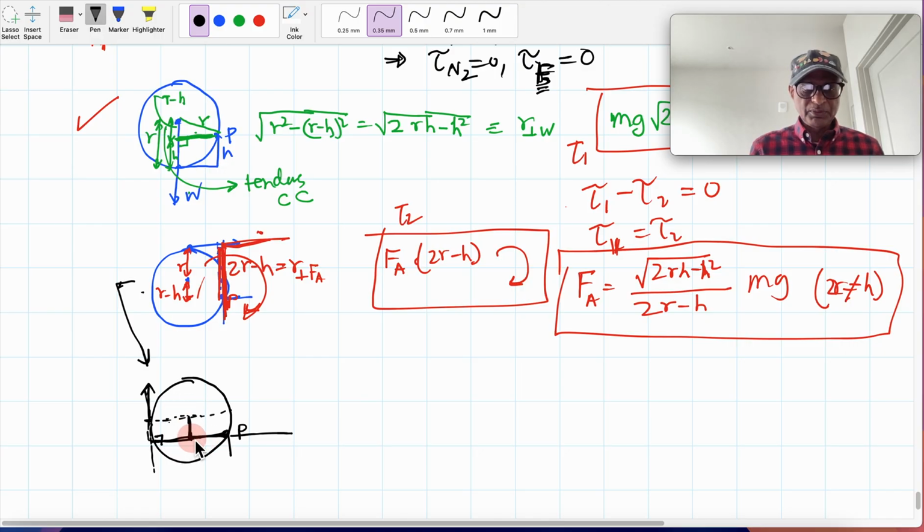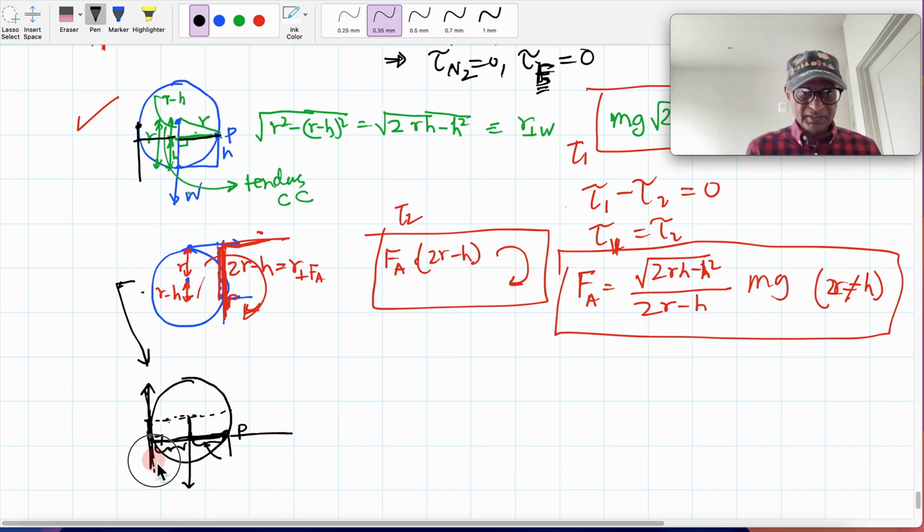And we already know the mg was this way. Mg was halfway there. We already figured that part out. And from the symmetry, this is equal to that part. So this part was already over here. And we need to go a little bit further, right?